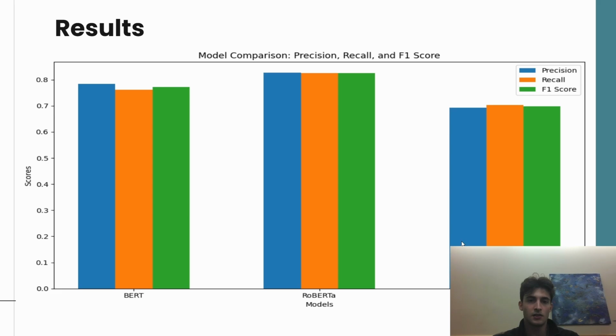This is a chart that compares BERT, RoBERTa, and ExoNet. It shows the precision, the recall, and the F1 scores for all of them. And as we can see, RoBERTa performs the best, then BERT, and then ExoNet.